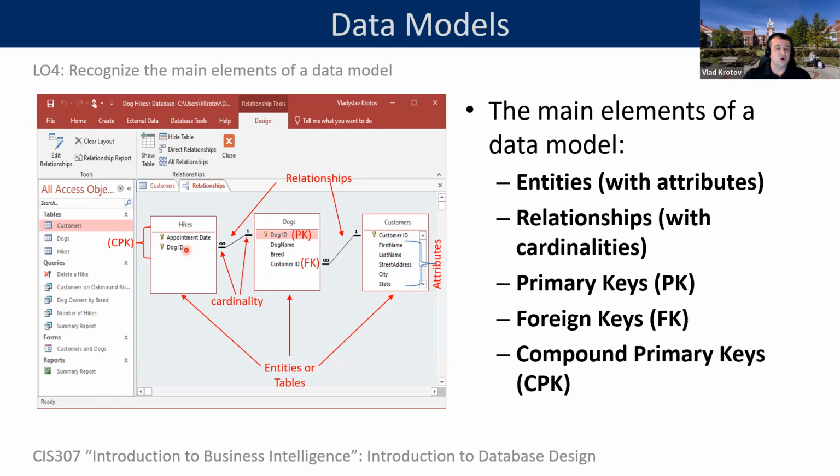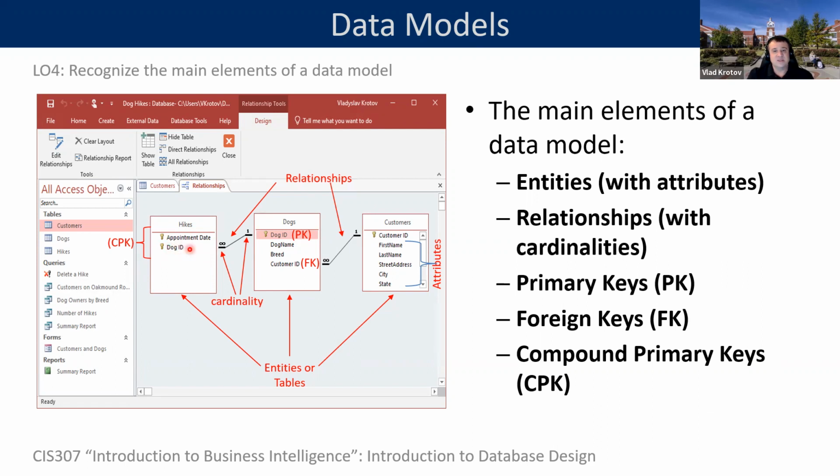You cannot just use dog ID to capture information about hikes, because one dog, let's say with ID 101, can be walked on several dates. That's why to uniquely identify each dog hike, you need a compound key that consists of dog ID and appointment date. In that case, the hike records will not be duplicated, in the sense that you will be able to uniquely identify each hike record in your database, okay?